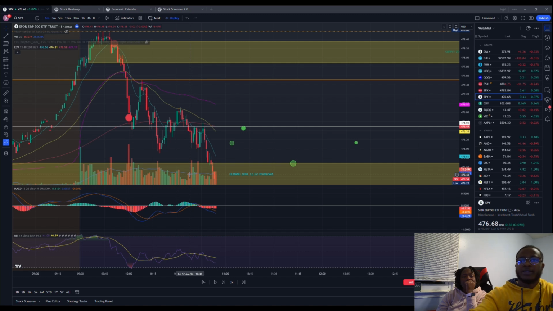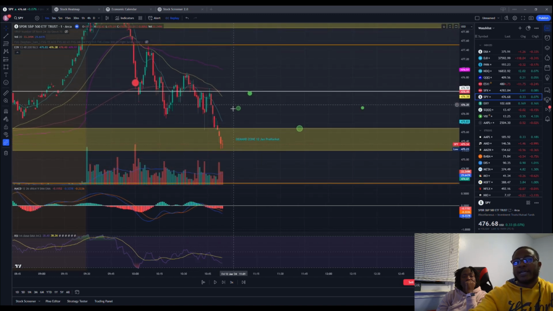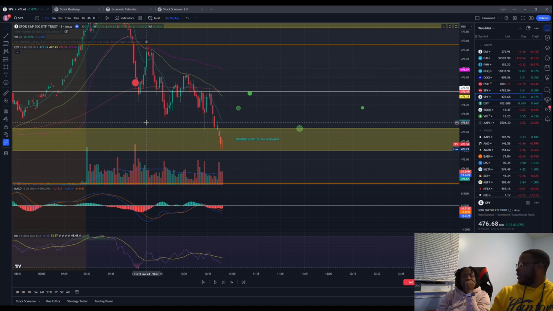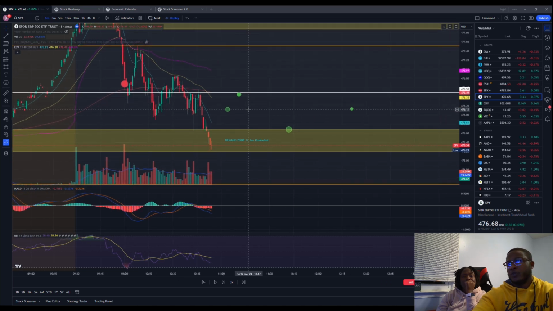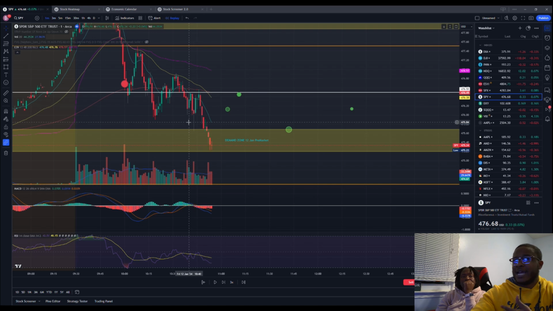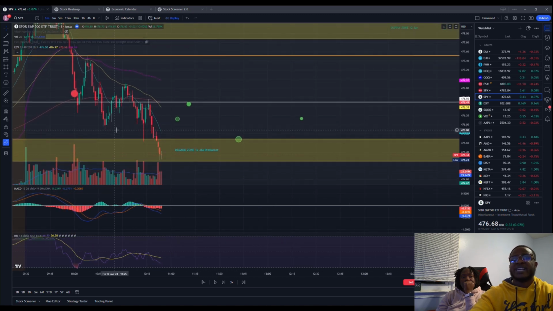Reason being, who says there are not other buyers present that want to come in and get it at a better price? They might feel that this 476.20 is a better price. Not everybody is waiting for it to come back to this 475.70 to this 475.20 zone. So you've got to keep in mind that it's not guaranteed that it's going to come back and actually fill that zone. But in this case, we do see that we actually came back.